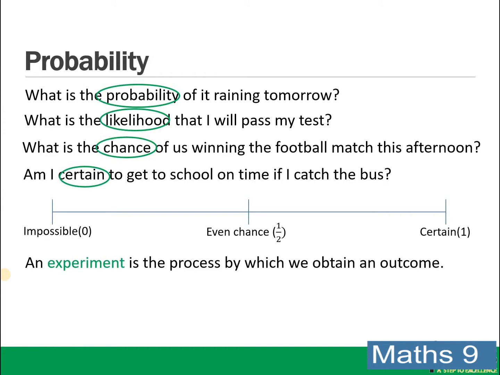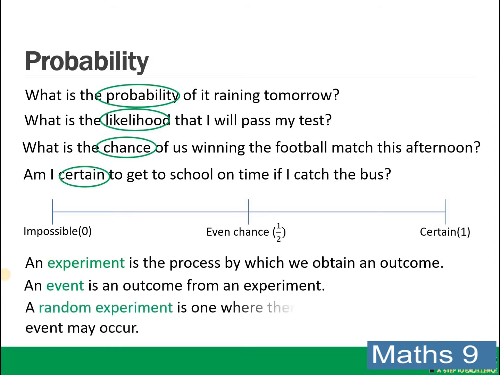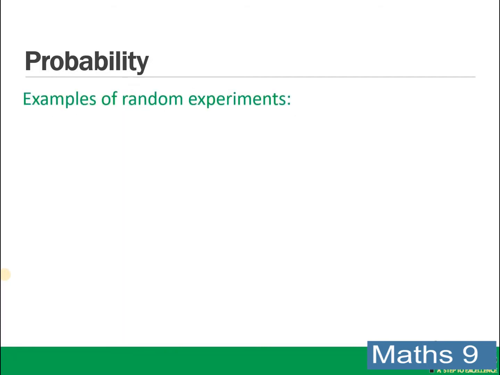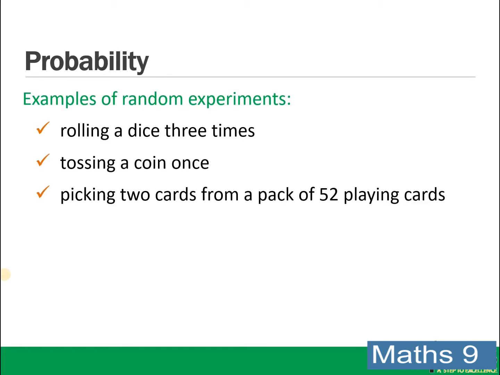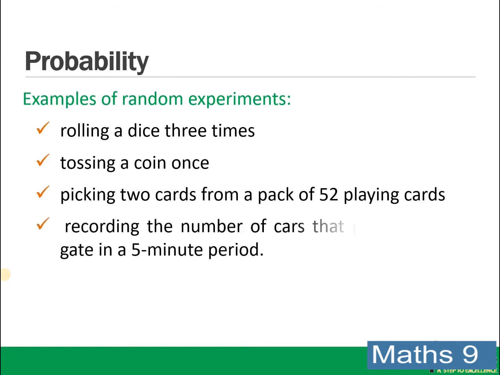An experiment is the process by which we obtain an outcome. An event is an outcome from an experiment. And a random experiment is one where there is uncertainty over which event may occur. Examples of random experiments include rolling a dice 3 times, tossing a coin once, picking 2 cards from a pack of 52 playing cards, recording the number of cars that pass the school gate in a 5-minute period, or spinning a spinner.